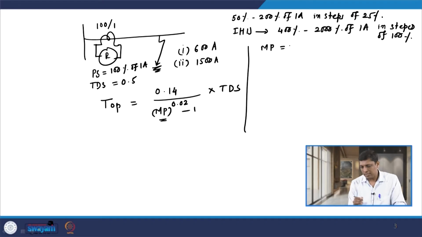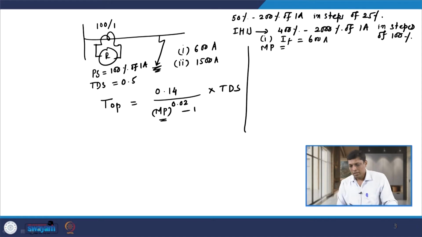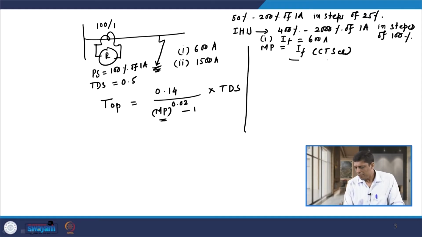Let us consider case 1, where the fault current magnitude is 600 ampere. We know that the multiple of pickup current is given by the fault current referred to the CT secondary divided by the plug setting of relay R.